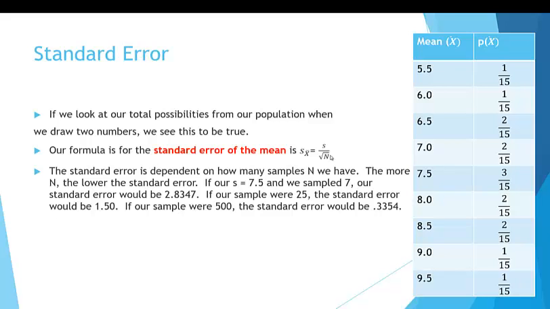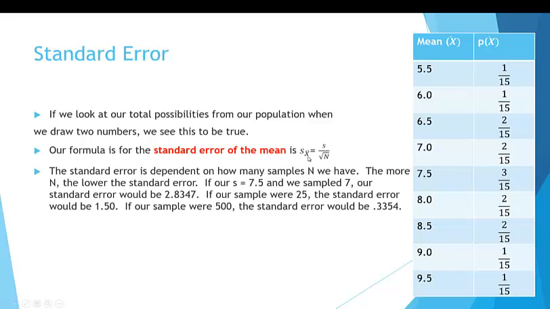So for example, if our standard deviation were 7.5, so this would be 7.5 on the top, and we took 7 samples, then our standard error would be 2.8347. You can do the math: 7.5 on top divided by the square root of 7.